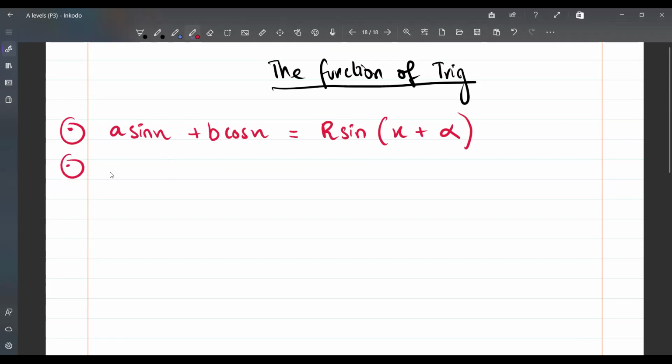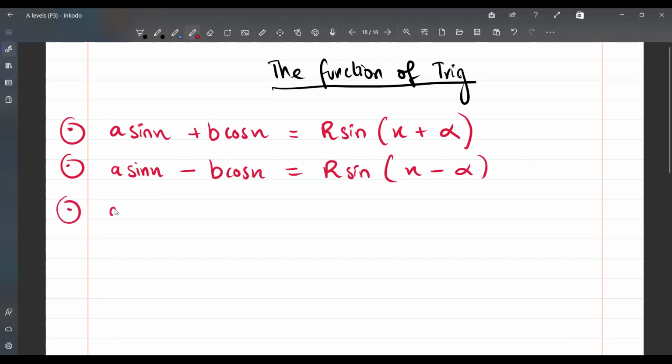And let's say we have a sin x minus b cos x, that would be r sin(x minus alpha).